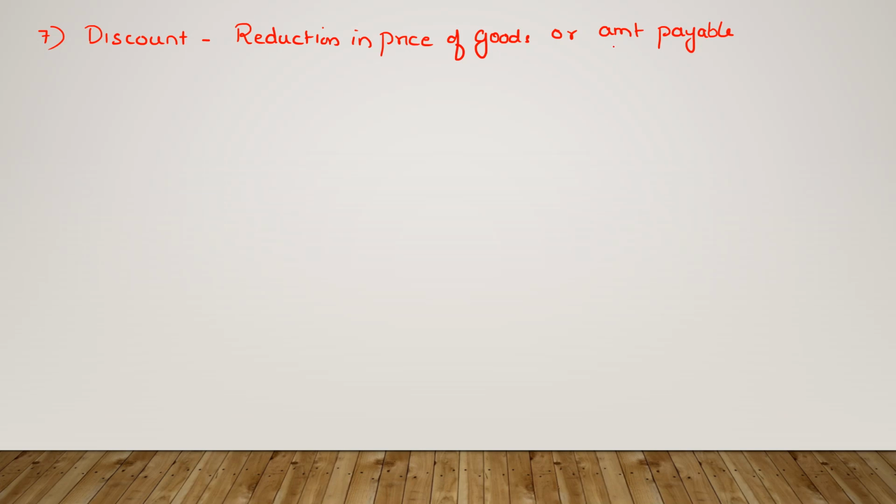So both of these are called as discount. Now the discounts are of two types. One is a trade discount. The other one is called as cash discount. What do we mean by these two types of discount?